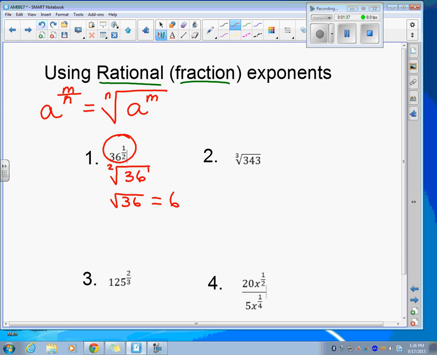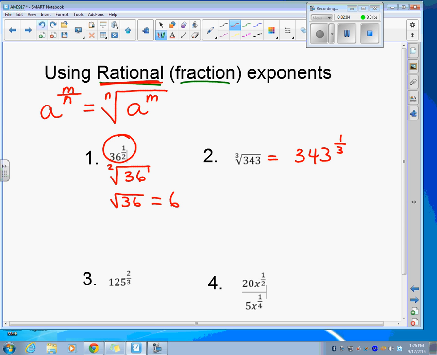And we can rewrite any radical expression with a rational exponent. And that's what your directions are going to say on your quiz and your test, is to write using a rational exponent. So if we were writing this one using a rational exponent, it would be 343 to the 1/3 power.